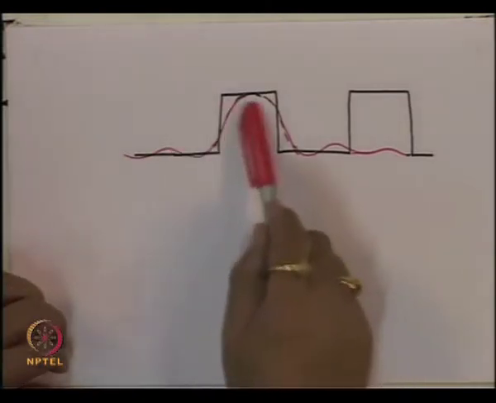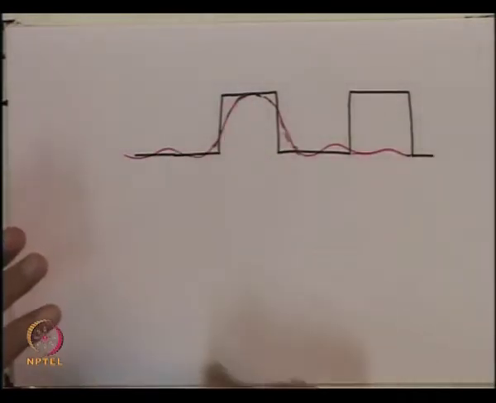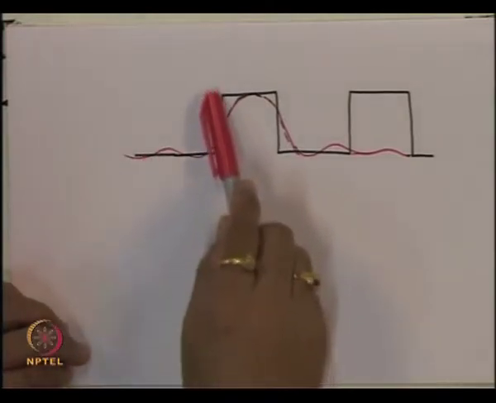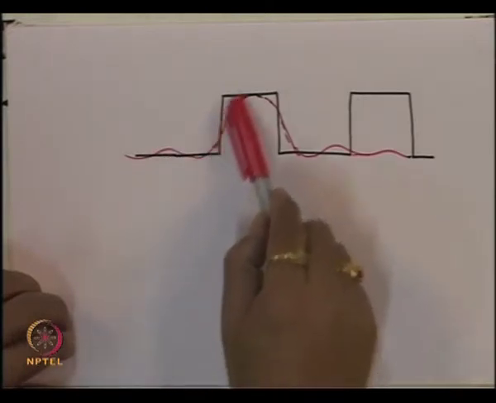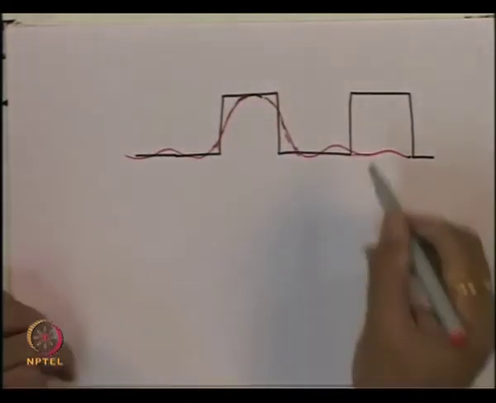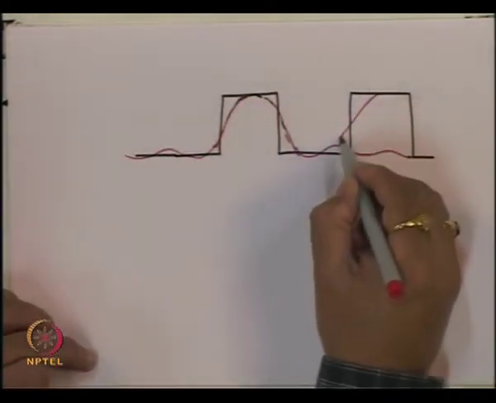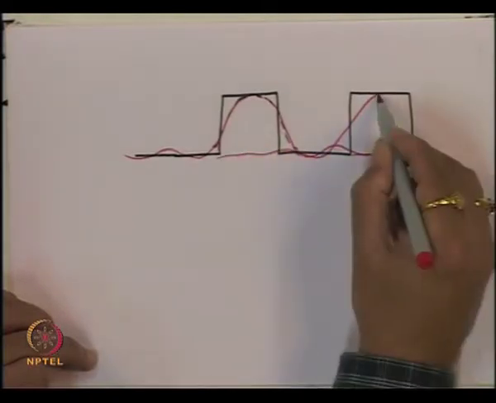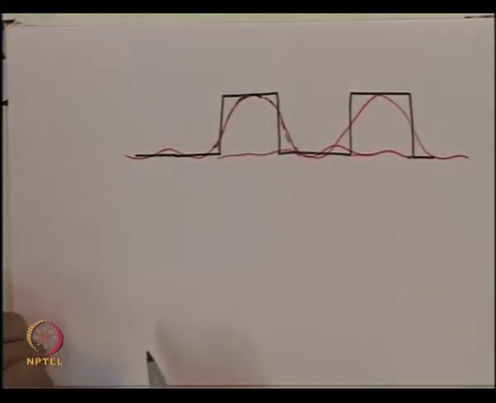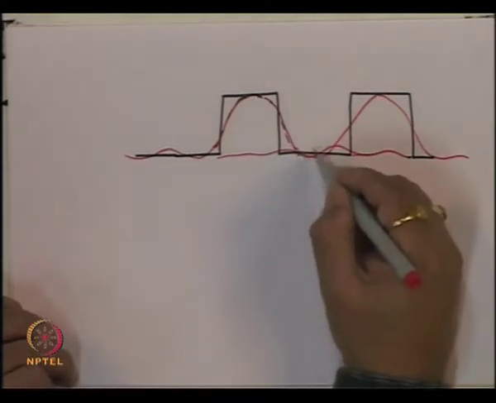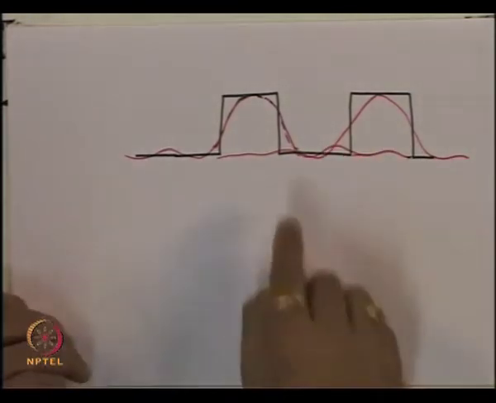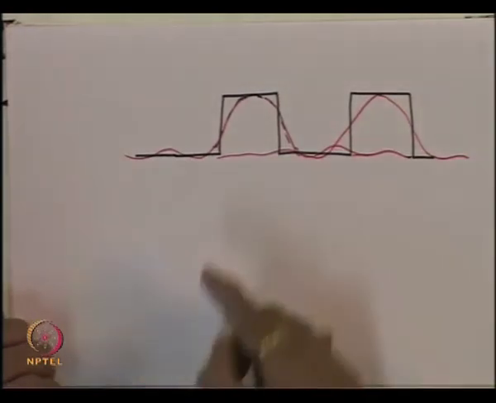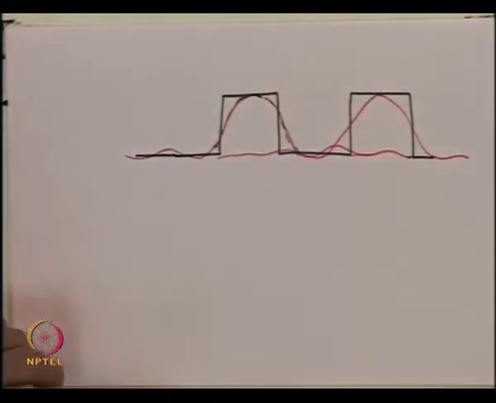So, if you are having random bits received by the receiver, then we will not get data which will look as clean as this, but which will be a superposition of this. Again, this bit also is going to get distorted in a similar fashion like this. So, essentially we are going to get some fluctuation even at the 0 level, which ideally should have been 0, plus some deformed pulses in the data.